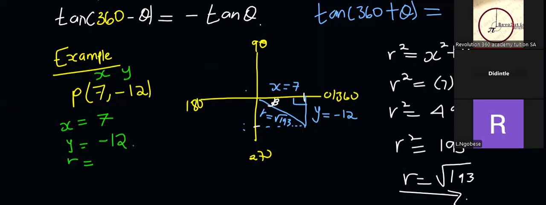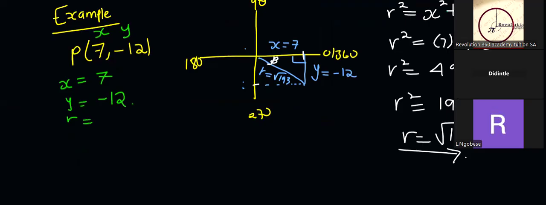The center is always O, and P is the point 7 and negative 12. So OP is the distance of the hypotenuse side, OP is equal to R, which is the square root of 193 units.